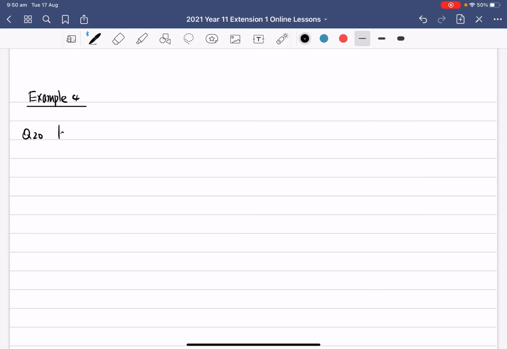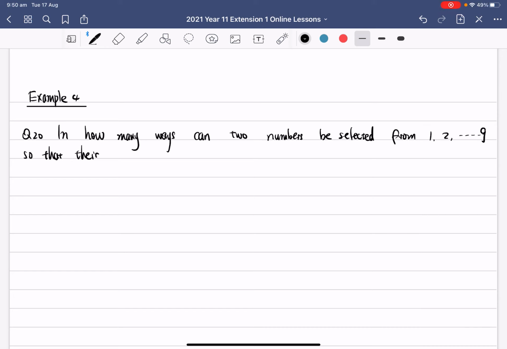Question 20 says, in how many ways can two numbers be selected from 1 to 9 so that their sum, if you add them together, is even.